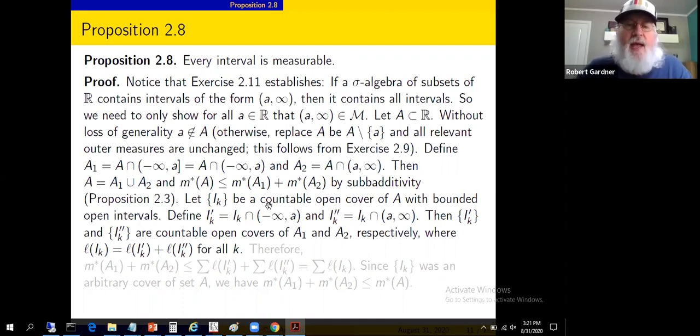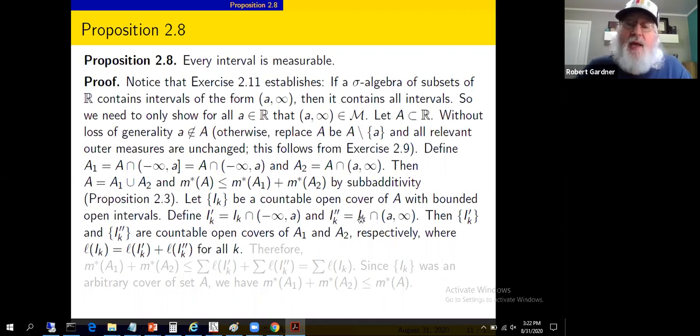So we're covering A with a bunch of I sub k's. This is an arbitrary covering of set A by bounded open intervals, no constraints on the I sub k's. And guess what? We're going to take the I sub k's and cut them as well. Take I sub k, intersect it with the interval from negative infinity to a, call that I sub k prime.